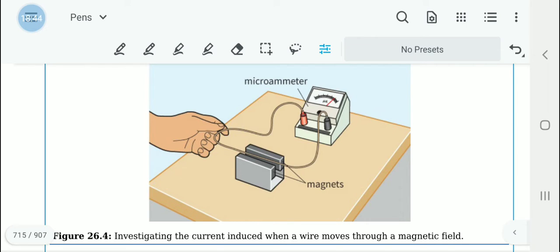There would be a deflection, which suggests that an EMF induces a current when the wire is moved through the field.